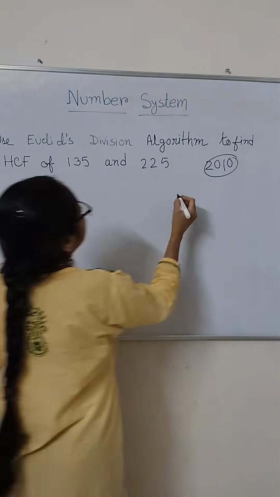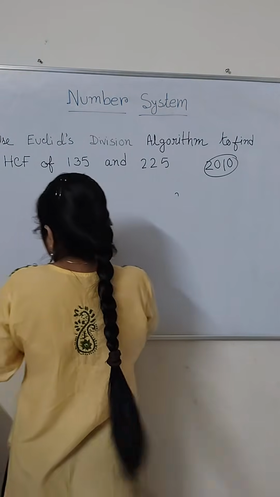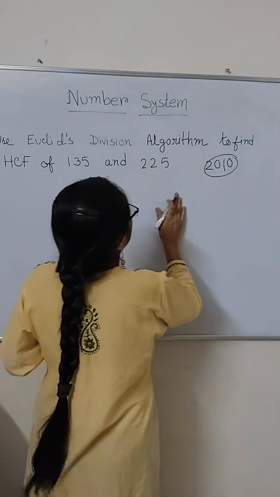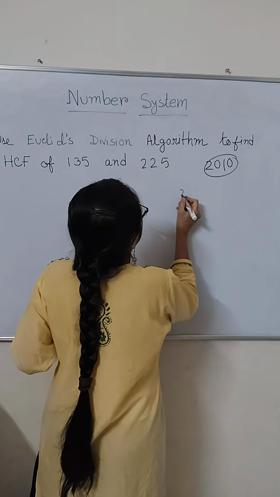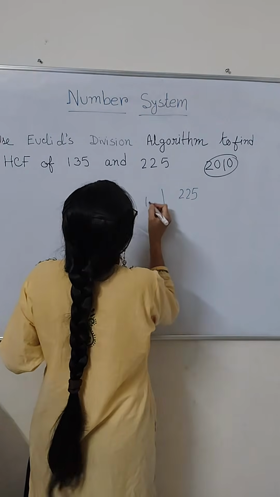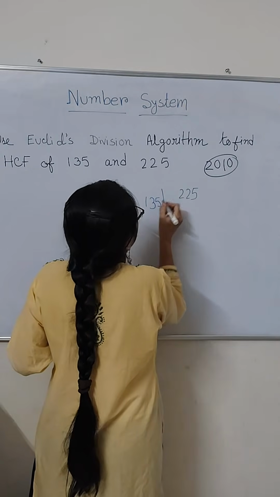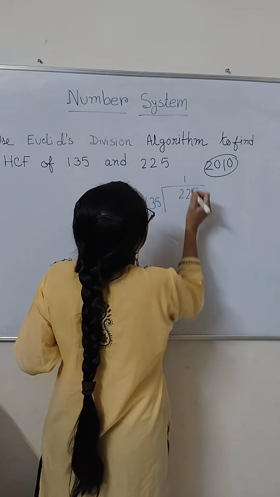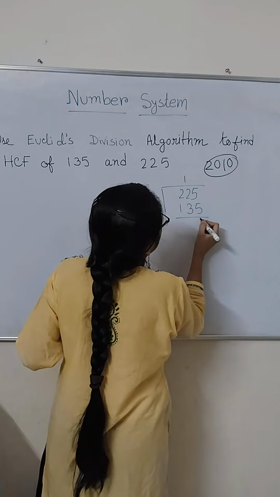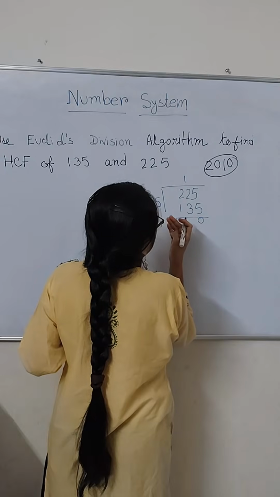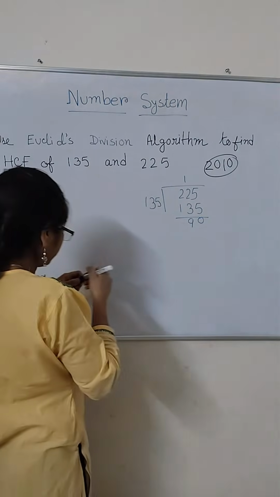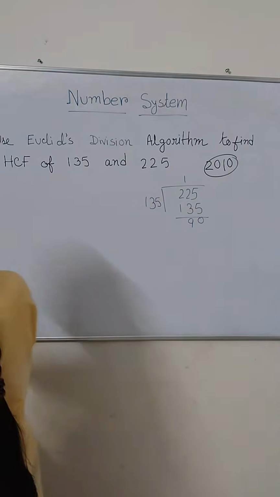First I tell you, I write the graph. 225 is divided by 135. Now you write in this way.